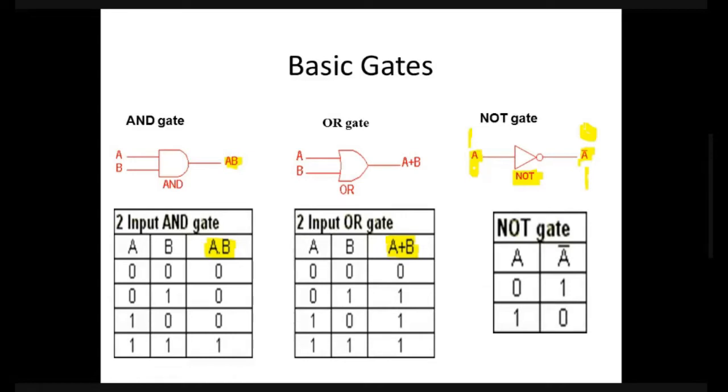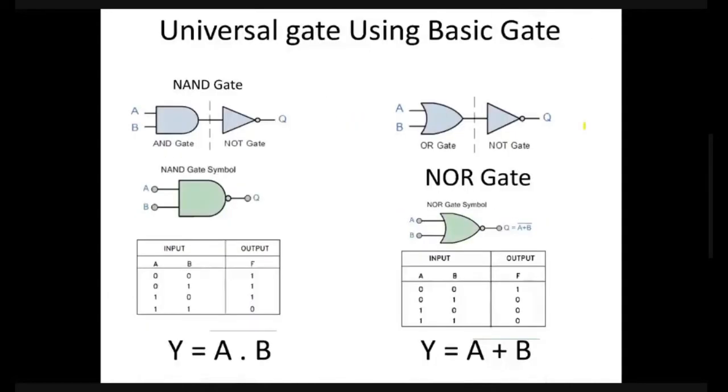After that, using basic gates, we implement the universal gates. The universal gates are the NAND gate and the NOR gate. The NAND gate is designed with the AND gate and the NOT gate.